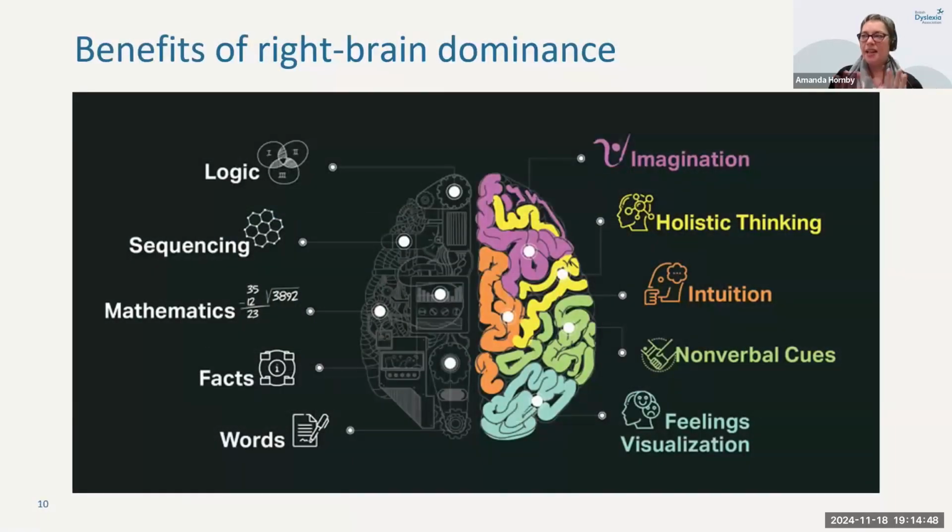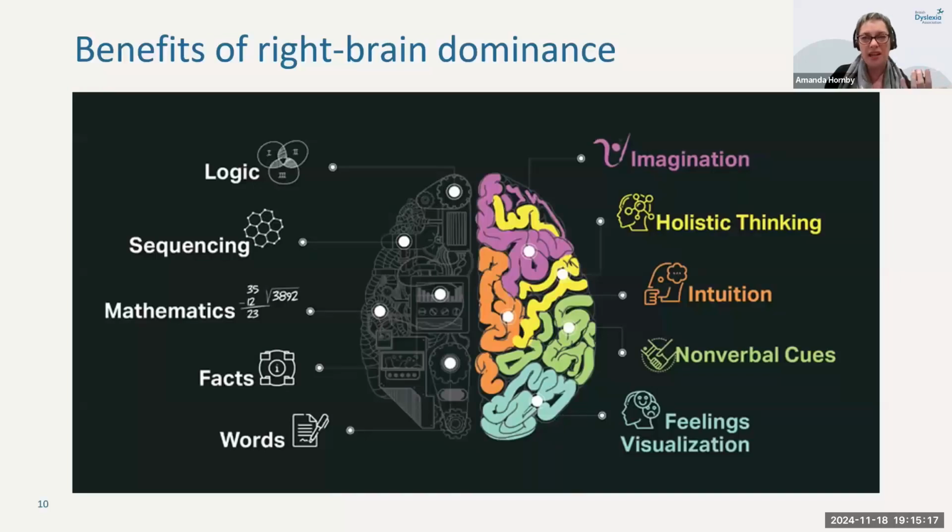But it's not to say that being left brain dominant is better than being right brain dominant. There are lots of benefits to being right brain dominant. They have these unique benefits that are very often associated with creativity and holistic thinking. They tend to excel in very creative tasks like art or music, very often in inventive and creative writing as well.